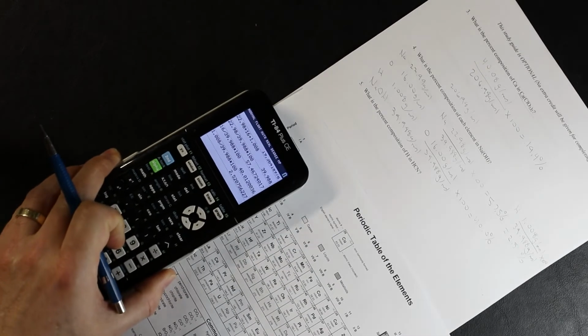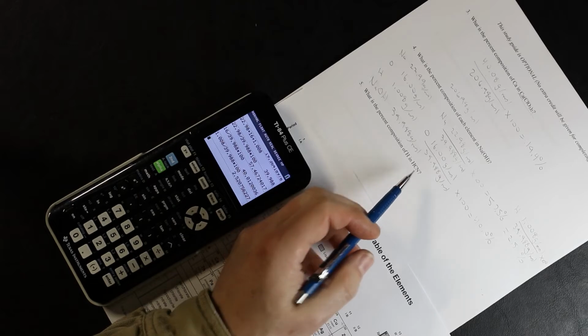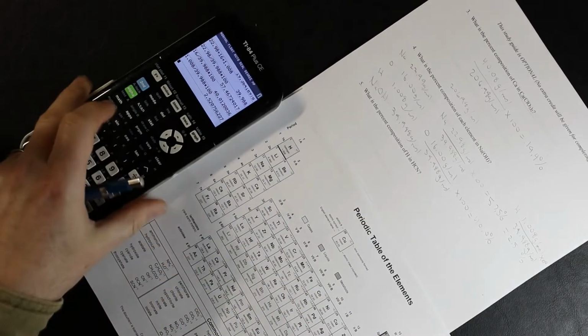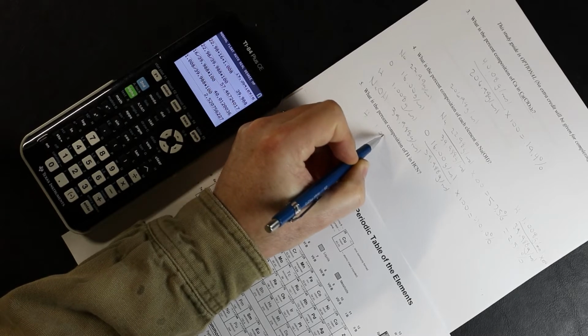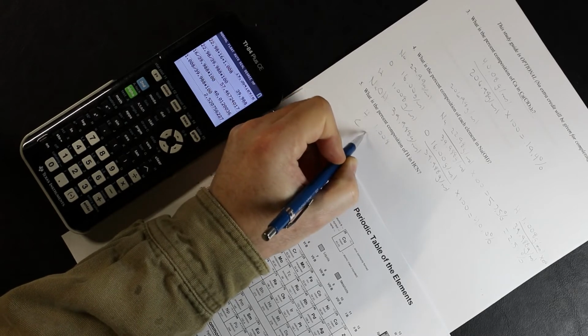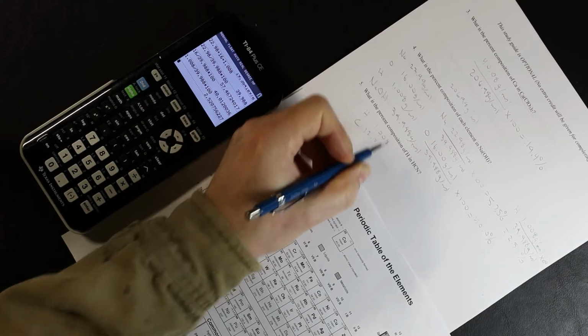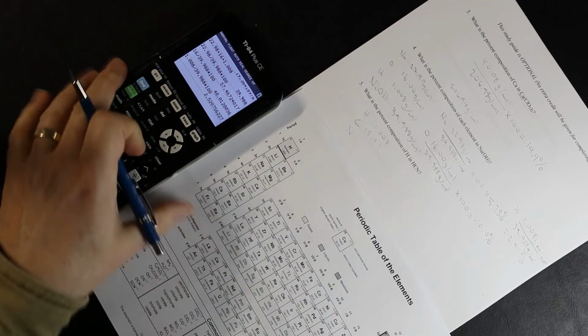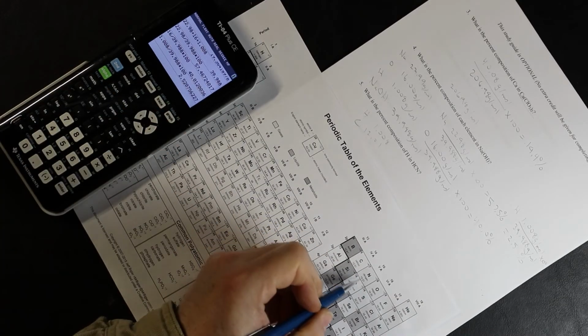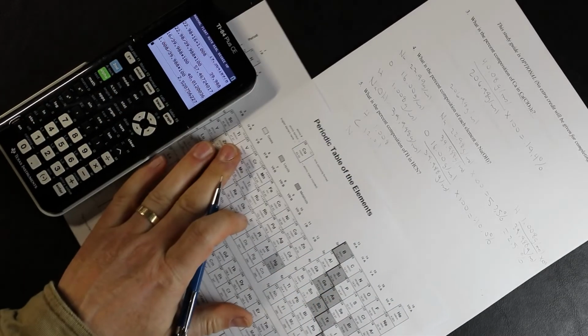All right, what's the percent composition of hydrogen in HCN? Well, hydrogen is 1.008, carbon is 12.01 from here, nitrogen is 14.01.